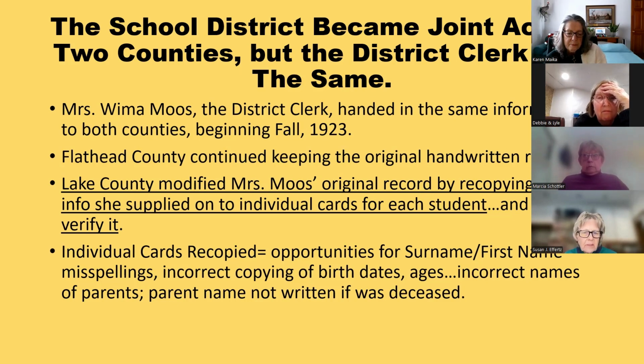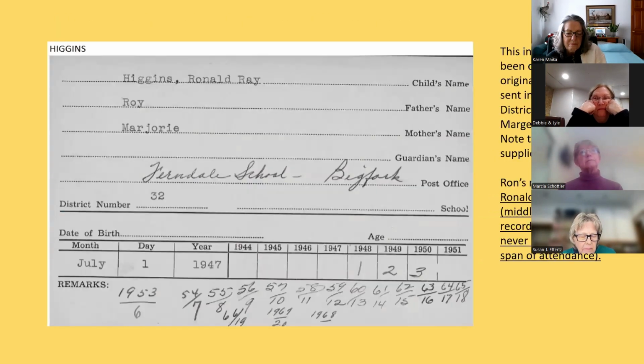And those individual cards were recopied by name so that you could have opportunities for surname misspellings, incorrect copying of birth dates, ages, parents, all kinds of things. So you need to be aware of that. I'm still trying to get the people in Lake County to let me have a go at the records which they think are in the basement and were the original books, but I haven't achieved that yet.